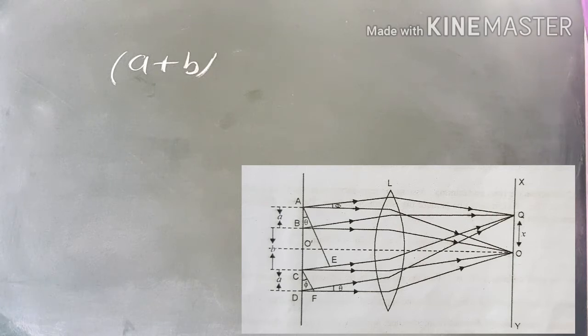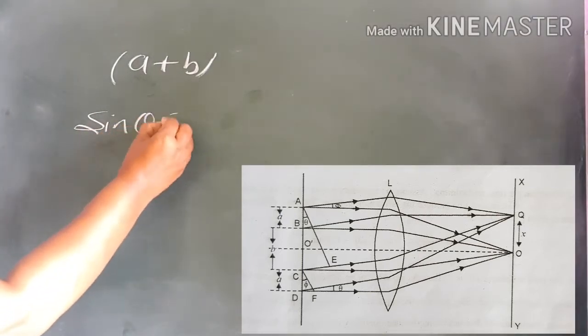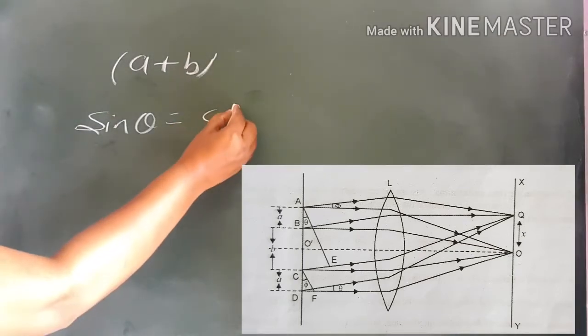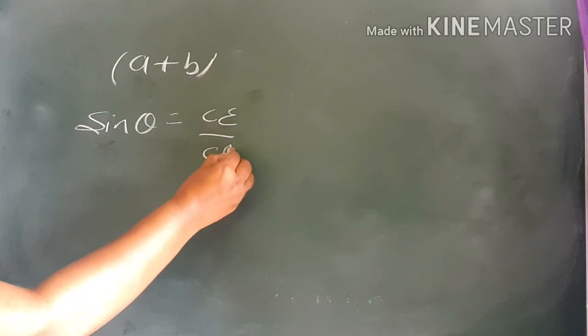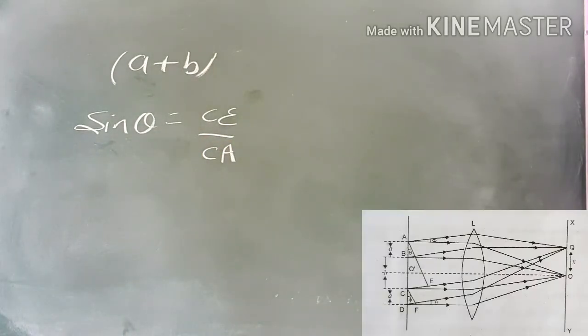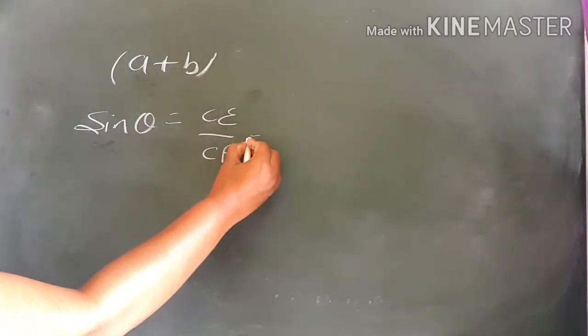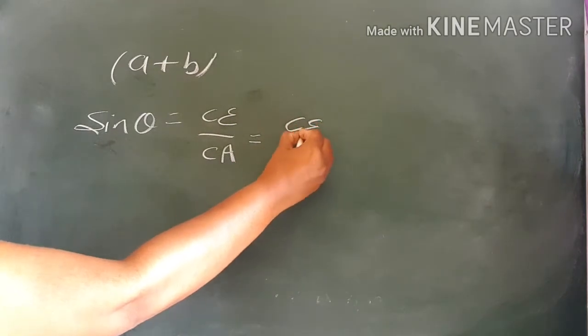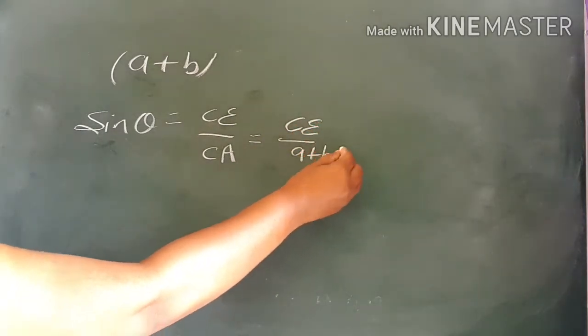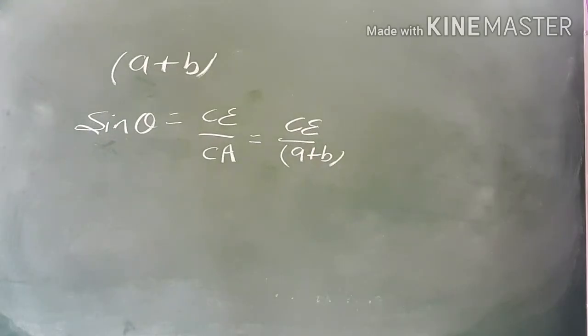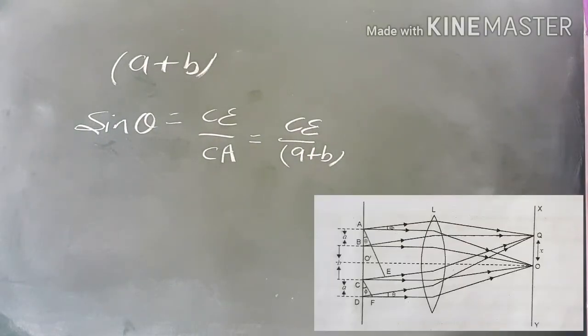Now consider the triangle ACE. From the triangle ACE we have sin theta is equal to CE by (a plus b). We have to find the path difference between the rays coming from A and C. A and C are two corresponding points.